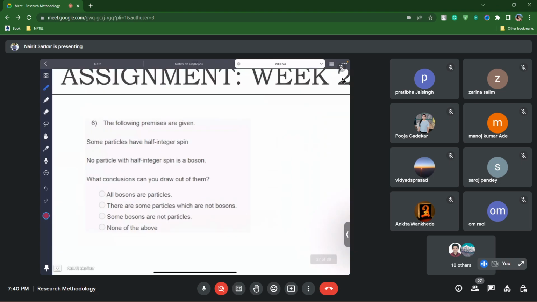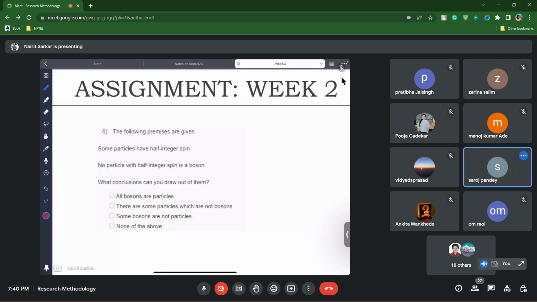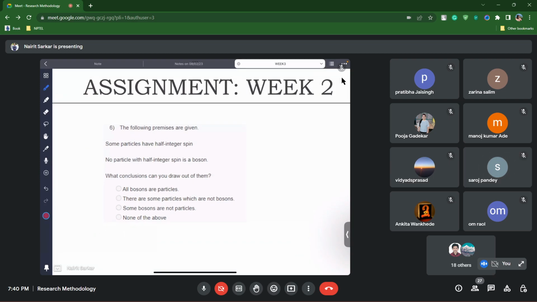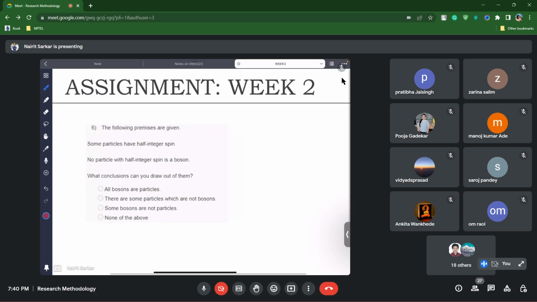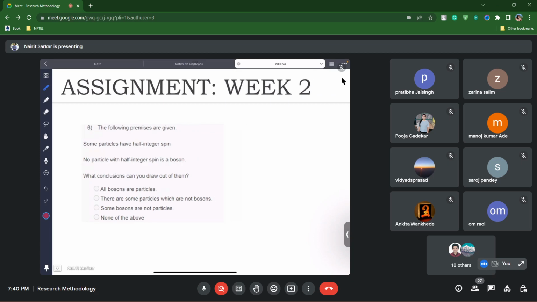Is the assignment visible, everyone? Yes, sir. So now what should be the answer here? Let's do it together. First, some particles are half integers, right? So let's write: some particles are half integers.